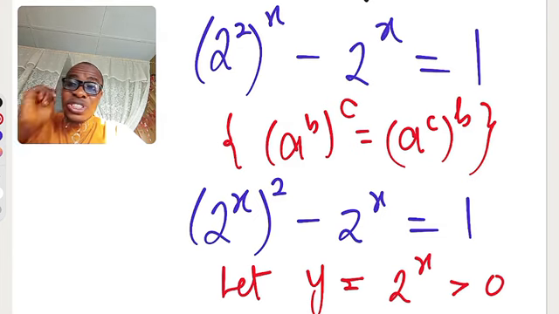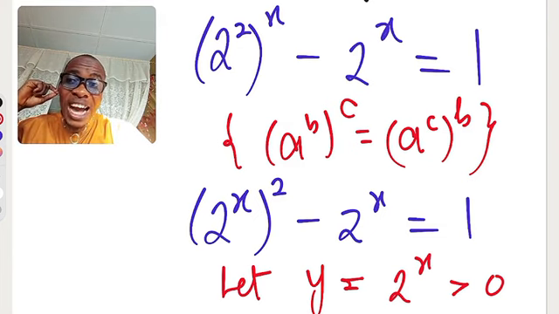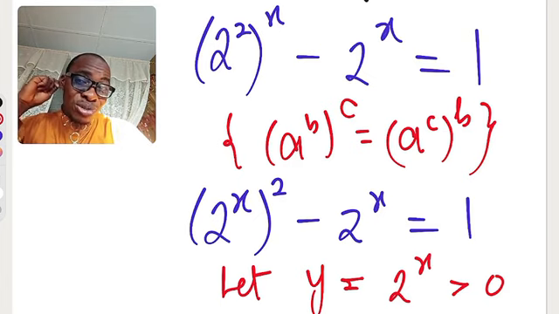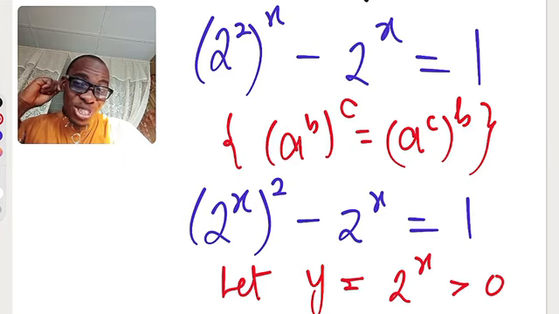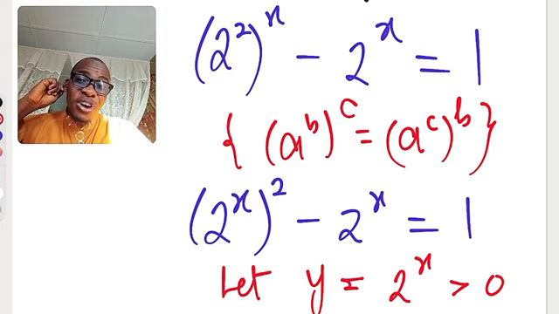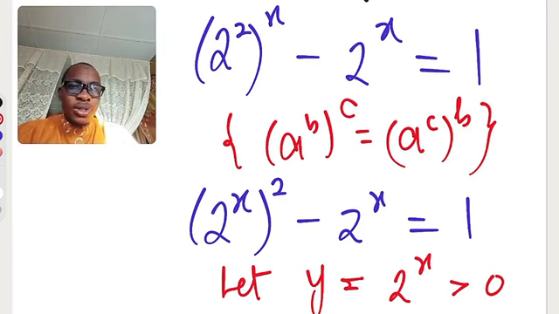So I'm trying to tell you that here you have to take note: the value of y we are going to get, the one that will be considered, must be greater than 0. Good.